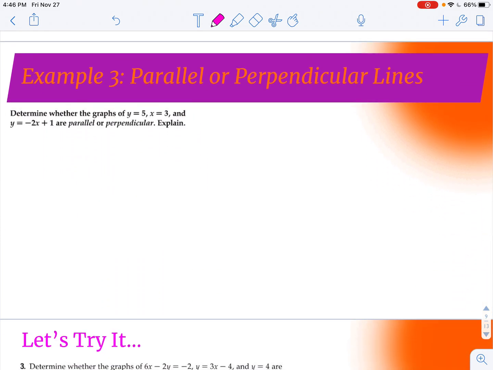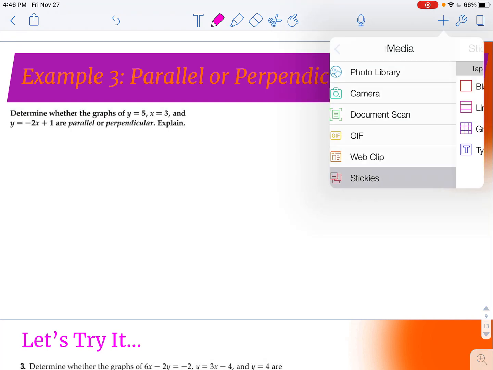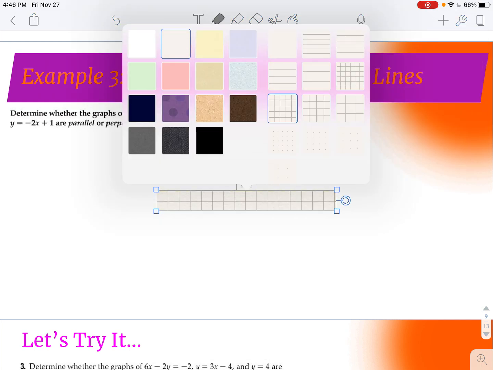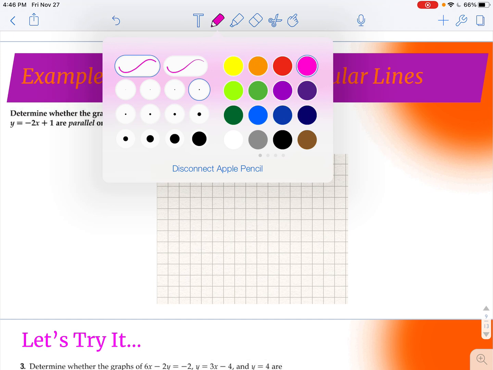Example 3 says parallel or perpendicular. Determine whether the graphs of y equals 5, x equals 3, and y equals negative 2x plus 1 are parallel or perpendicular, and explain. So your easiest way to do this is to graph it. So, just going to get my graph set up.